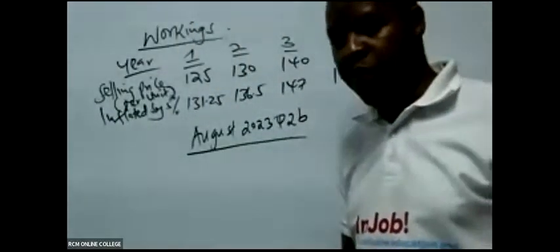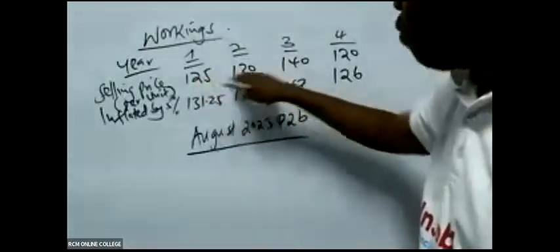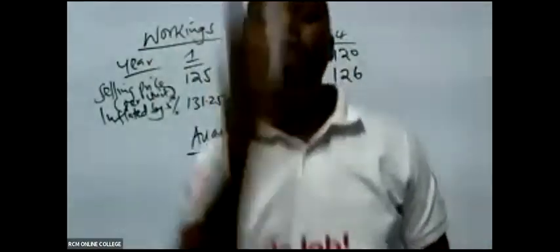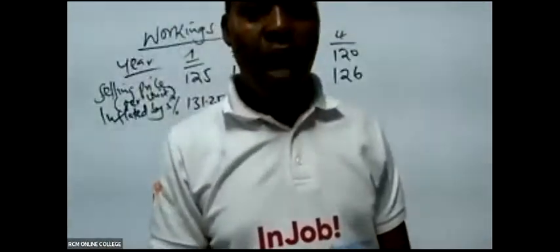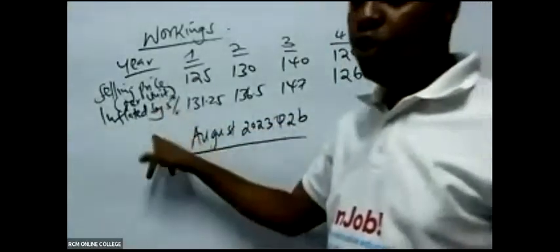We have read the question, and I hope you are with us. The selling prices we have been given are 125, 130, 140, 120. But we have been told in additional information number 1 that these prices will be affected by inflation, at 5%. So you need to take care of that inflation.